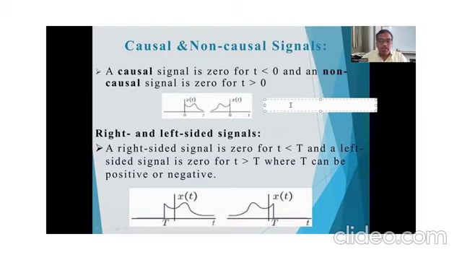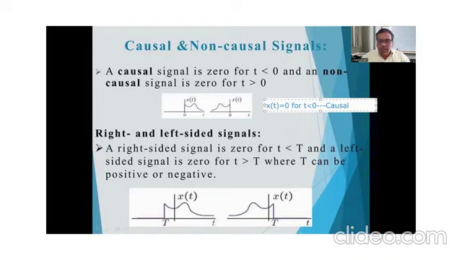So causal means x of t is equal to 0 for t less than 0. This signal is known as a causal signal.